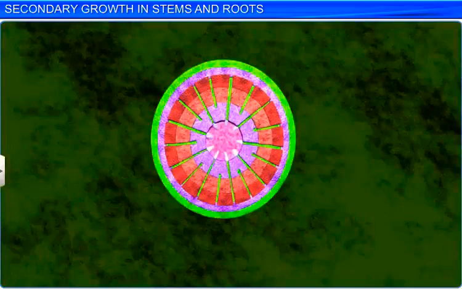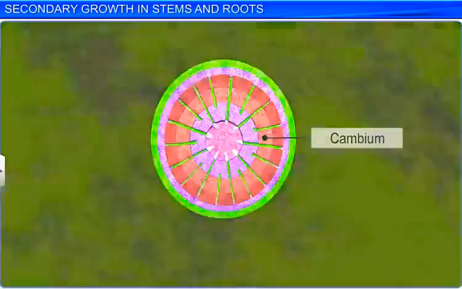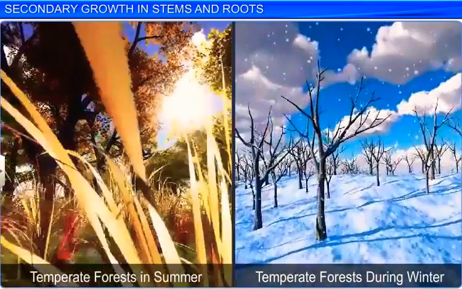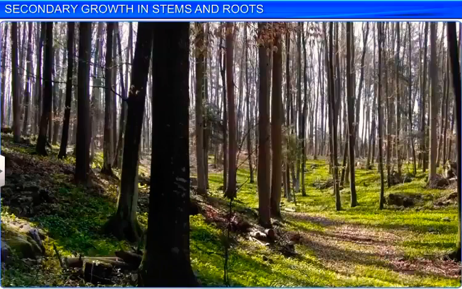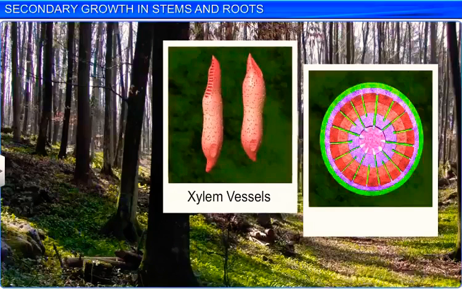During some seasons, the cambium divides actively, while during other seasons its activity slows down. Consider the example of the temperate regions, where climatic conditions are not uniform throughout the year. During spring, when the cambium is active, it produces a lot of xylary elements with vessels that have wider cavities.